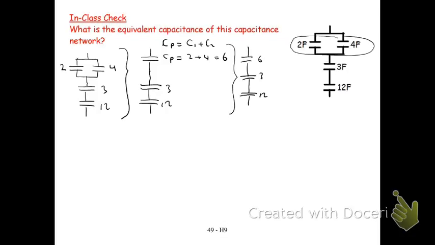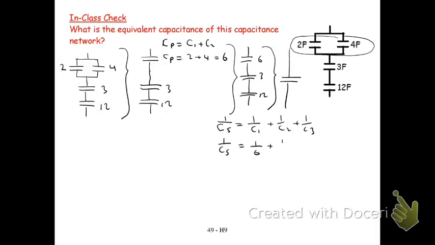And now they're in series, and I want to make those into just one big one, and I go C series: 1 over C series equals 1 over C1 plus 1 over C2 plus 1 over C3. 1 over C series is equal to 1 over 6 plus 1 over 3 plus 1 over 12, which equals 2 plus 4 plus 1 over 12, because the common denominator is 12.